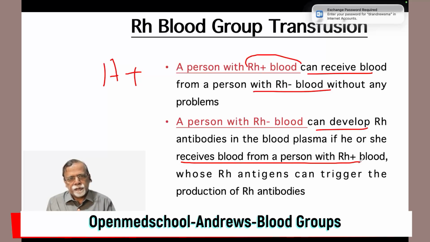Hope you understood. I will repeat. An RH positive person can receive RH negative blood, but a negative person receiving RH positive blood will develop antibodies against the RH antigen.